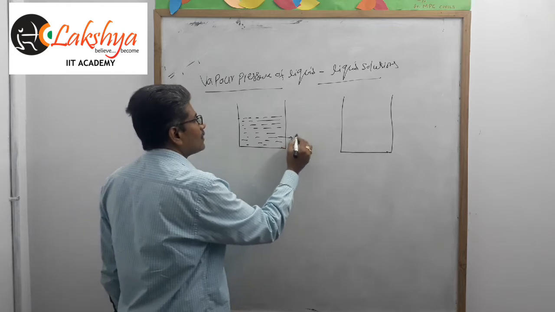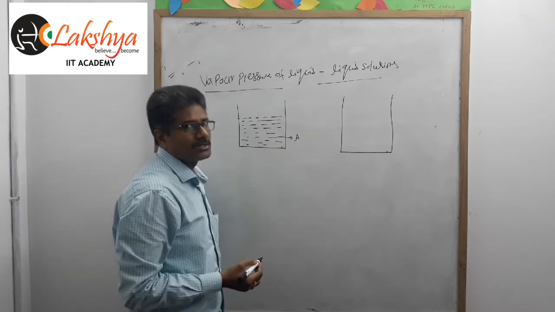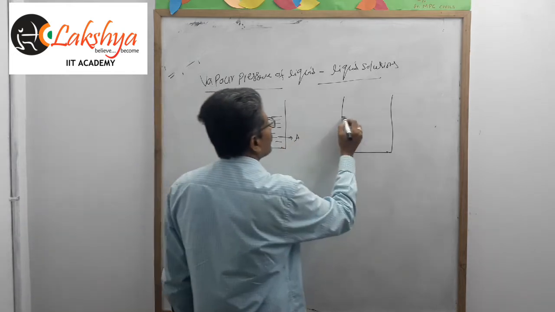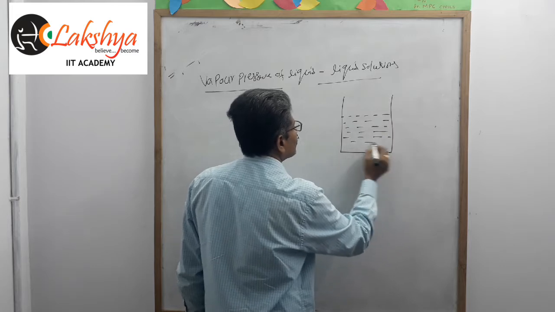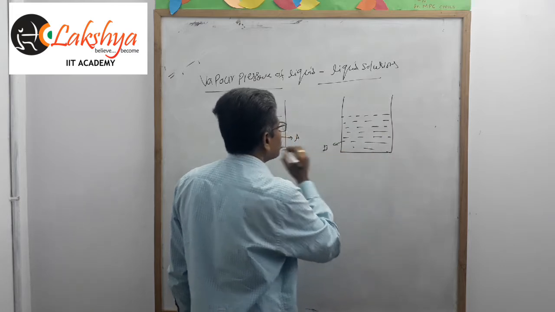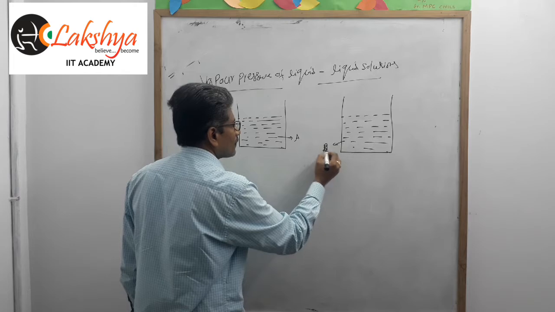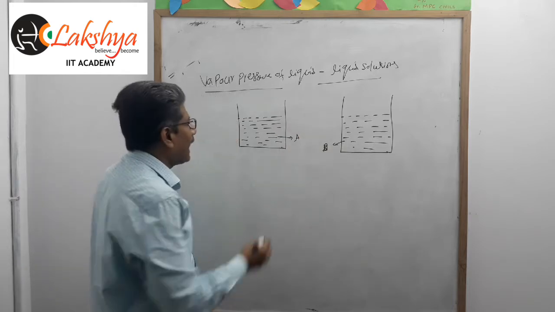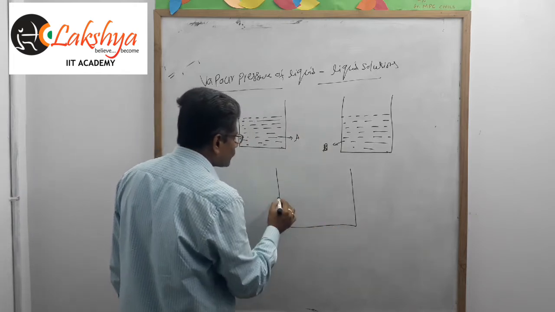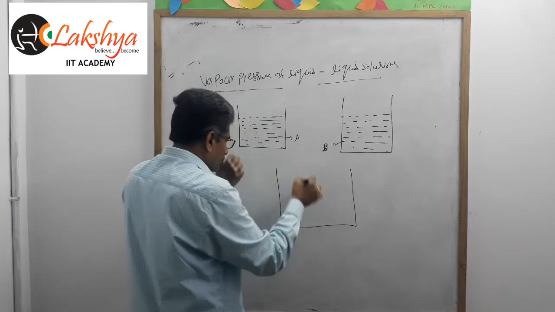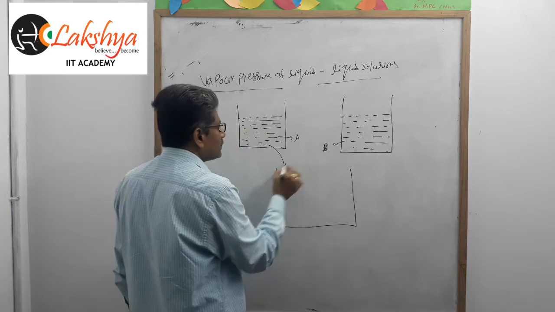This is the first liquid, A. Like that, I am taking another liquid. This is liquid B. I am mixing the two liquids into a third vessel.